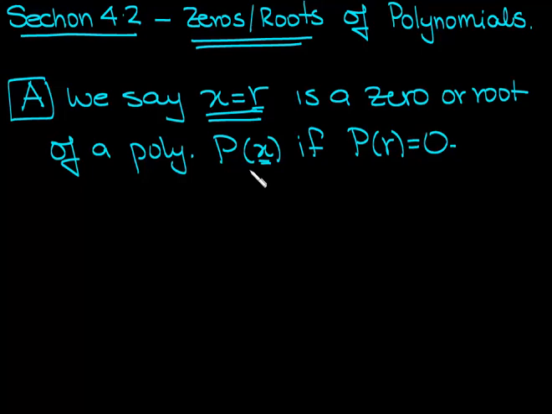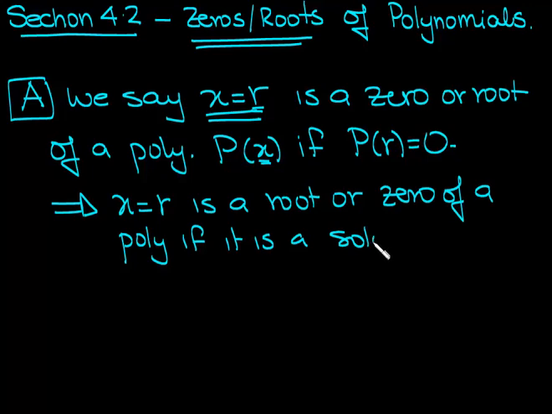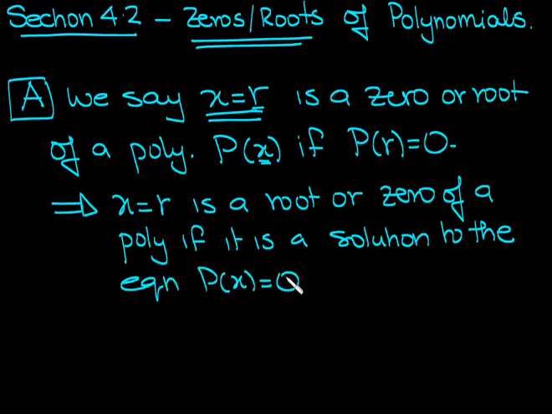So what does this imply? That x is equal to r is a root or zero of a polynomial if it is a solution to the equation p of x is equal to 0.